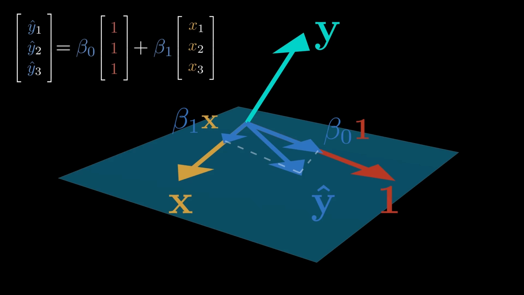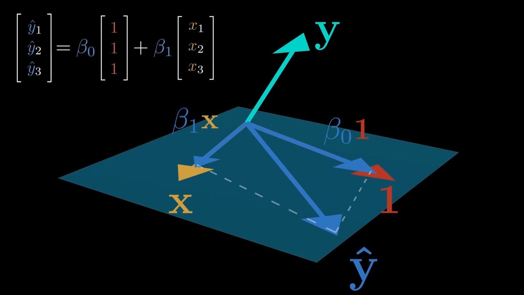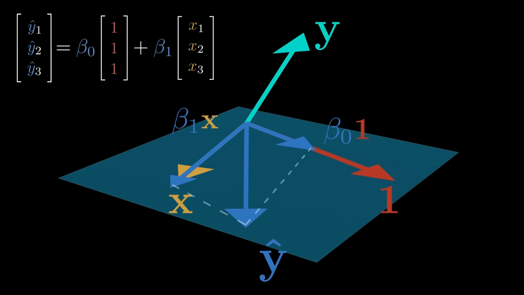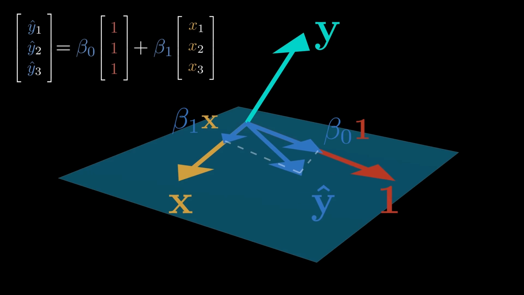Students often wonder, why is it called least squares? Well, we don't have to do orthogonal projection. We could pick any other vector inside this plane, and it would still count as a linear model. But you can figure, if our model is good, then the prediction it makes for y, which is what this y hat vector is, should be as close as possible to the actual y vector from the data.